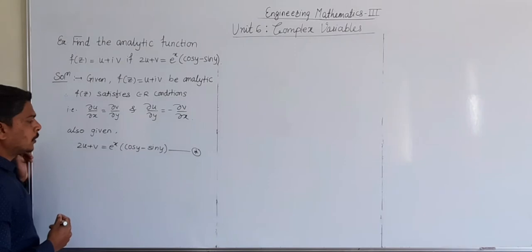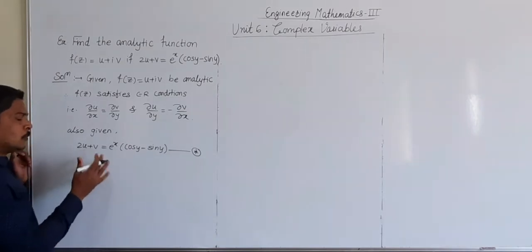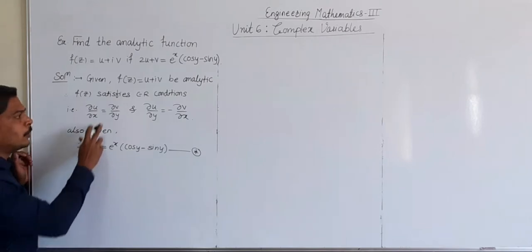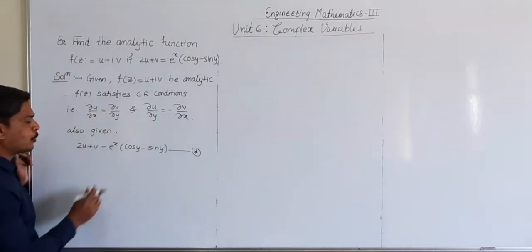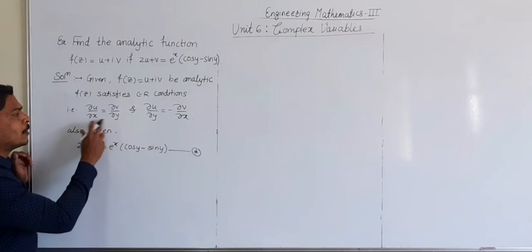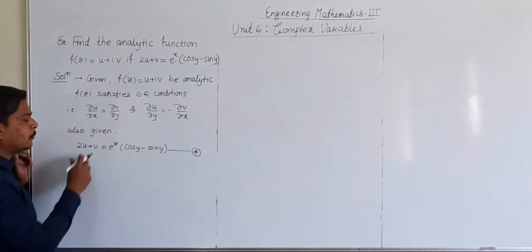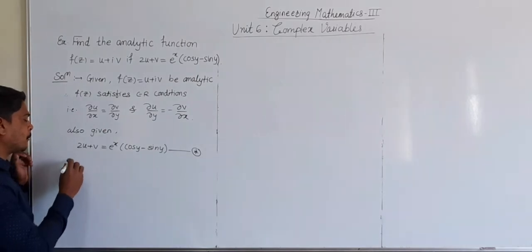So we have to find the functions u and v by using the CR conditions and this equation. In the CR conditions we have partial derivatives of u and v with respect to x and y. So for finding the partial derivatives, differentiate this equation with respect to x.